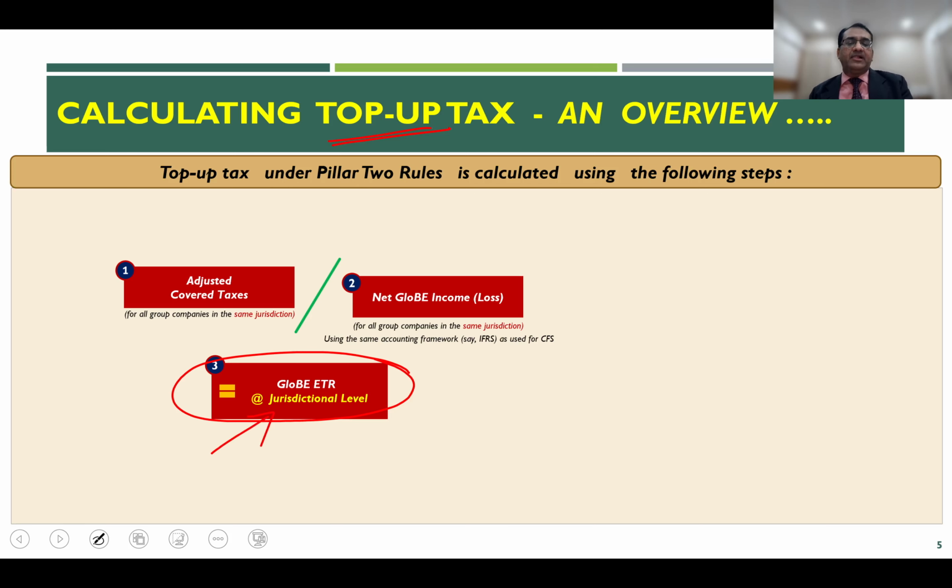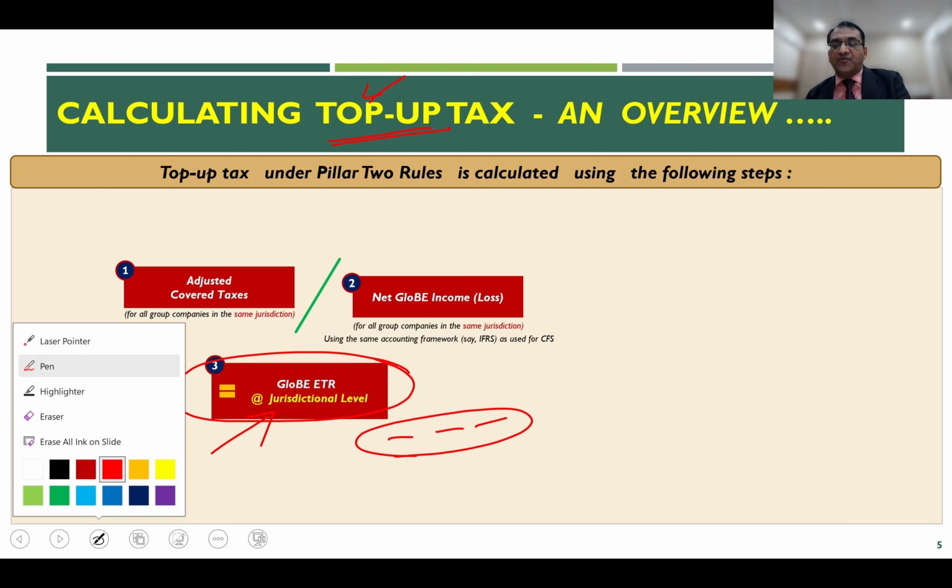For example, if an entity has 3 legal entities in a particular country, then for the purpose of computing the top-up taxes which may arise in that jurisdiction, one needs to compute the blended effective tax rate for that jurisdiction.